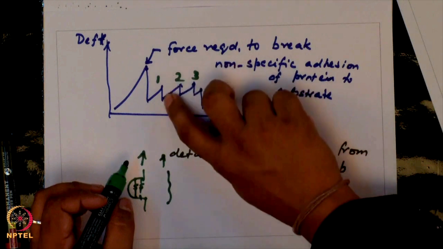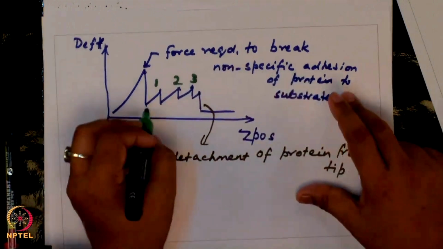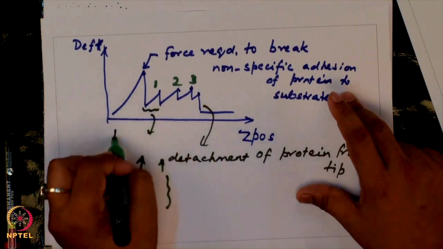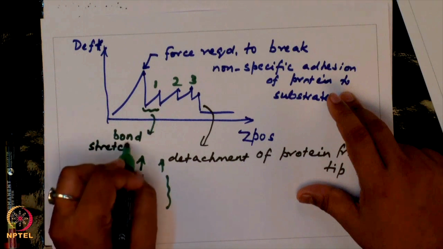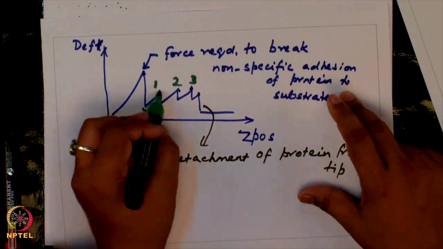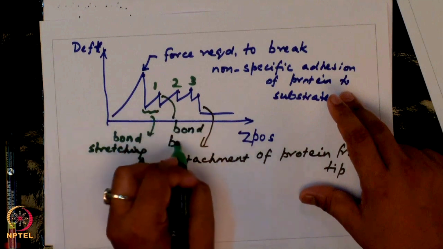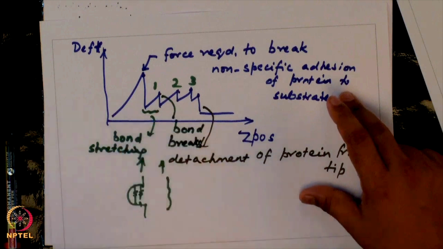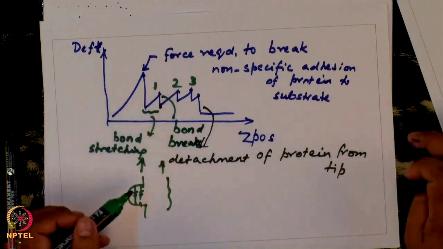That is why this drop is instantaneous. Okay. So, this period corresponds to bond stretching. Okay. At this point, the bond breaks, okay, and then there is an instantaneous drop in force.